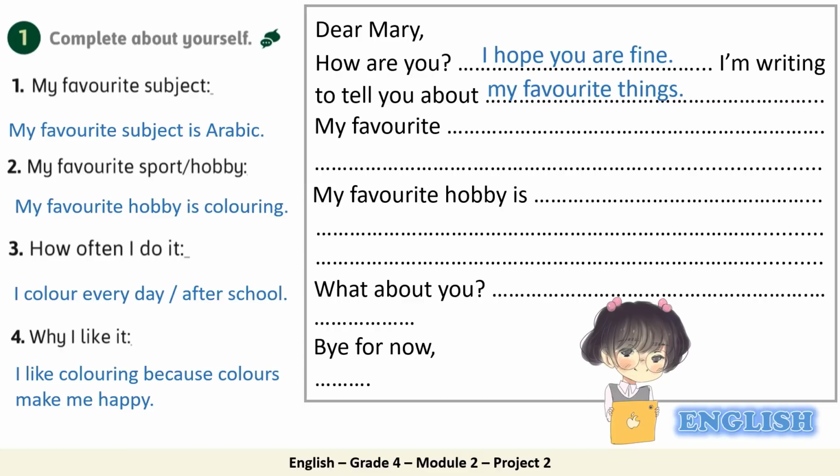Excellent. Let's move on. My favorite. What would she say? My favorite subject at school is Arabic. Great. If Noor's favorite subject at school is Arabic, then what is she good at? She would continue, I'm good at reading. Great job. Let's move on.